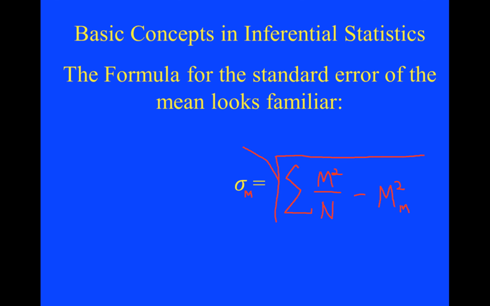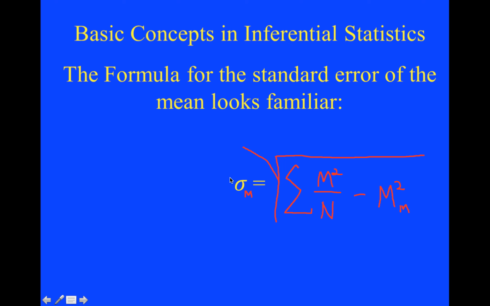So the formula for the standard error of the mean looks familiar to the formula for the standard deviation. If you go back to the formula for the standard deviation, it is the sum of the scores in the distribution squared divided by n over the mean squared, and then take the square root of it. This is a similar formula. It's the standard error of the mean.